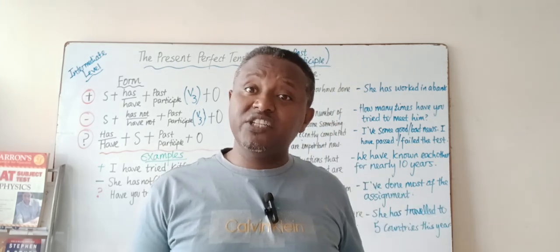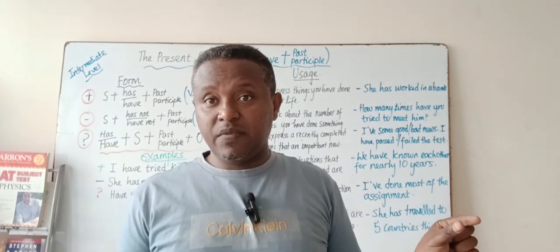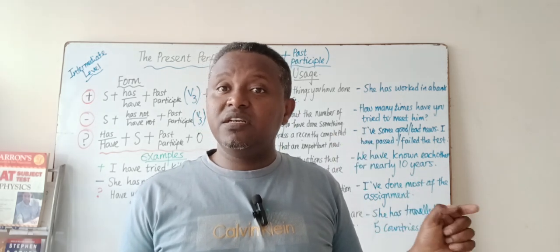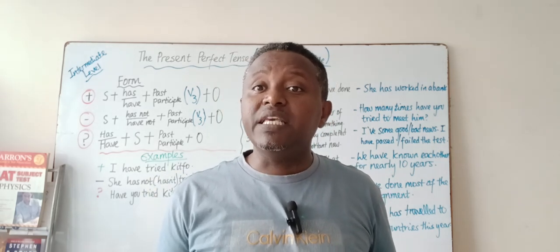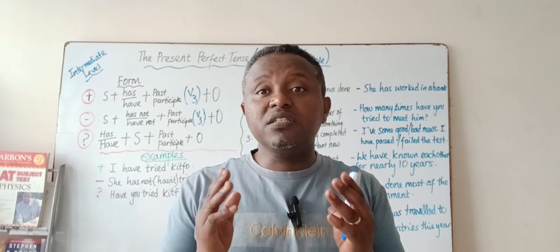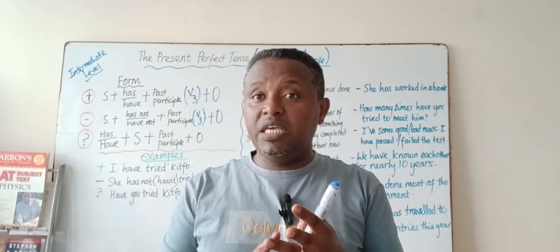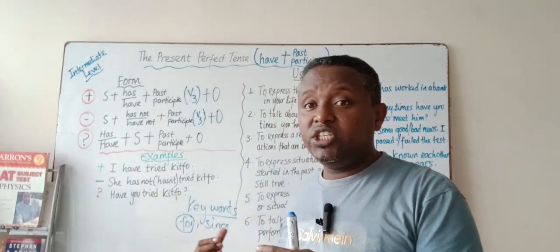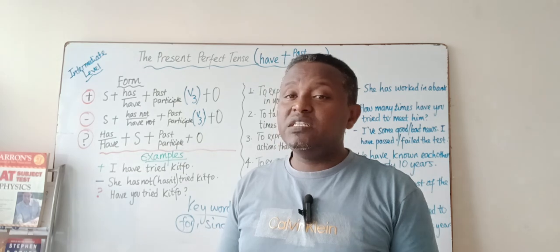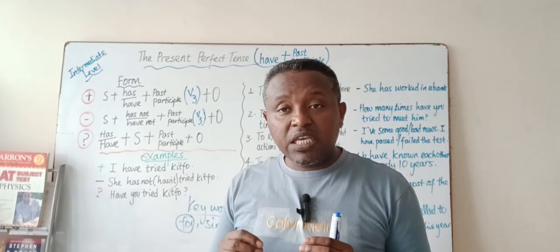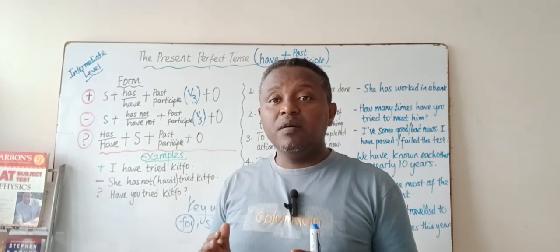If I say she has just left, that means recently. And they haven't come here yet, or they haven't arrived yet, which means the action has not been performed until now. So yet, already, just, and in addition to that, we have seen for and since. These are important key phrases and words that we can use with the present perfect tense.